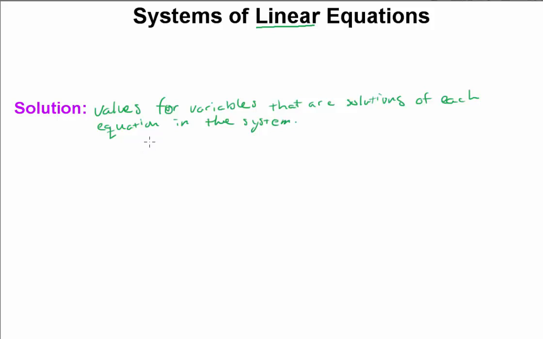So our values for x and y, and possibly also z if we have three variables, our values will satisfy each and every equation that exists in the system.